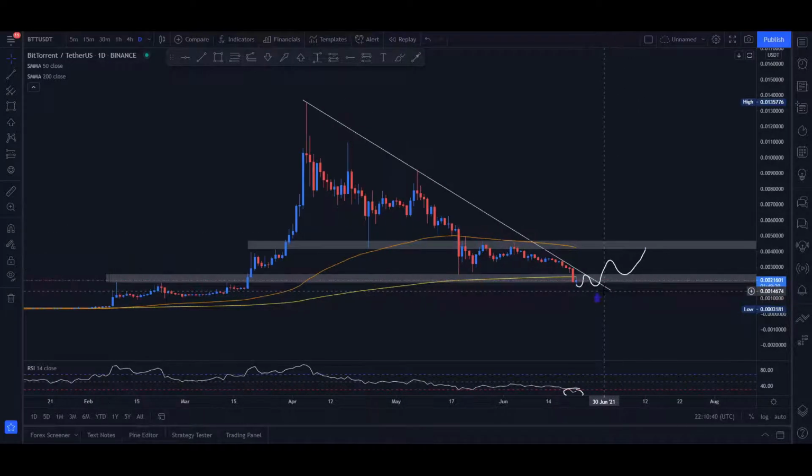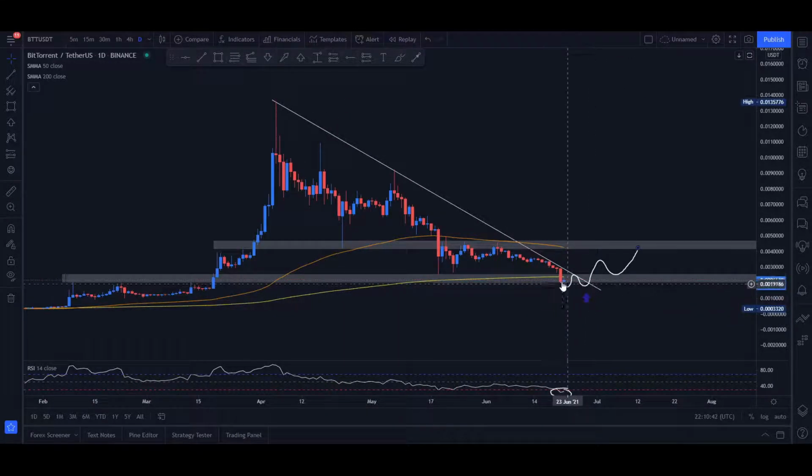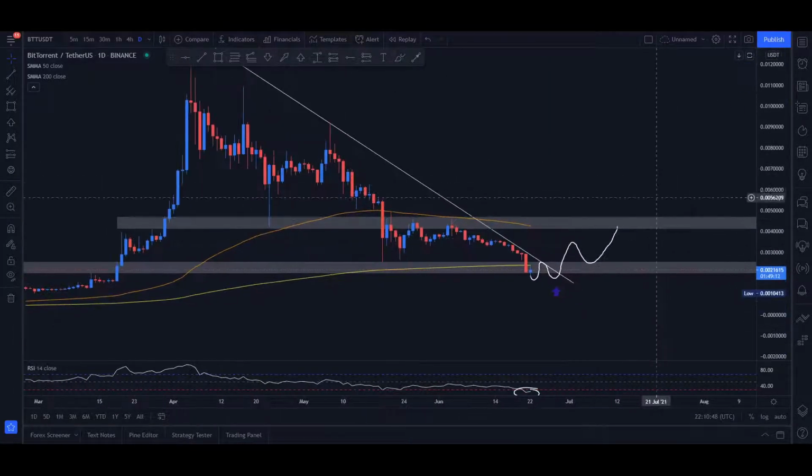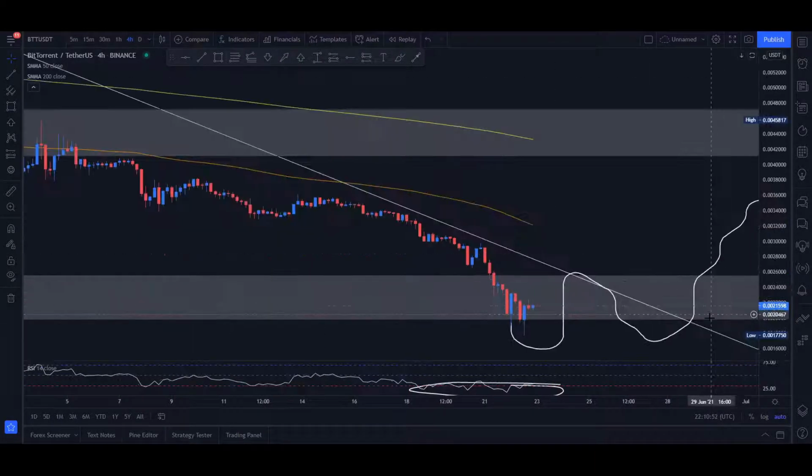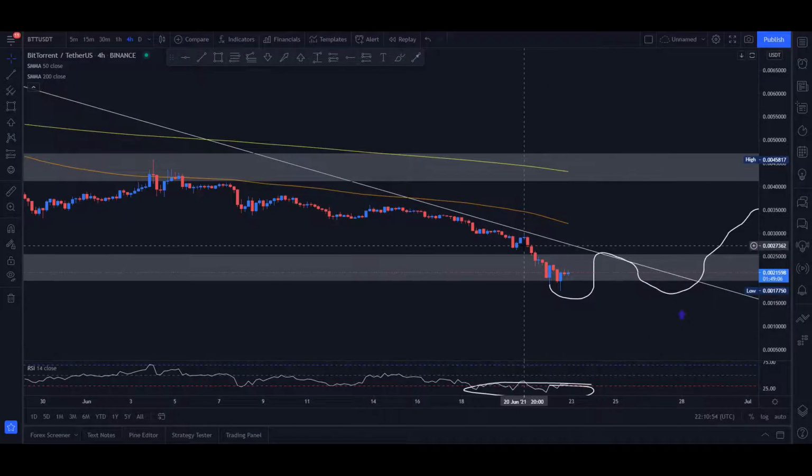One last thing, we can see that the price actually dipped a little bit down below the 200 period moving average, which I wouldn't take as a sign of anything. On the 4-hour time frame, we can see somewhat of a slowing down in the bearish momentum. So we can see the price going a little bit steeper and then a little bit less steep.